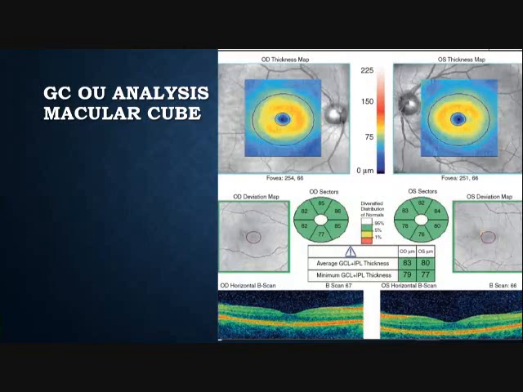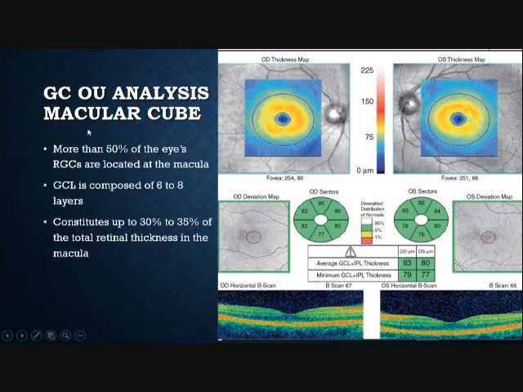When you cannot detect the damage in the retinal nerve fiber layer because of myelinated nerve fibers or because of papilledema, then you resort to the ganglion cell layer. So the ganglion cell layer gives you some clue. See, more than 50% of the retinal ganglion cells are present in the macula.